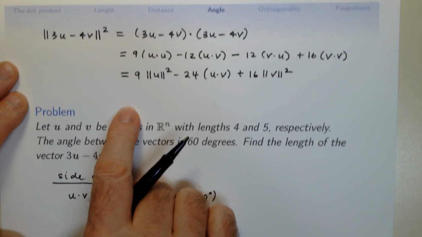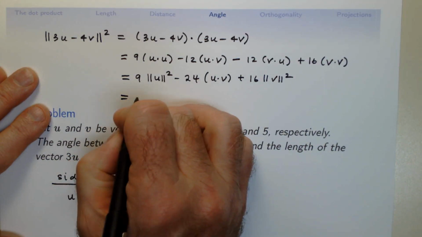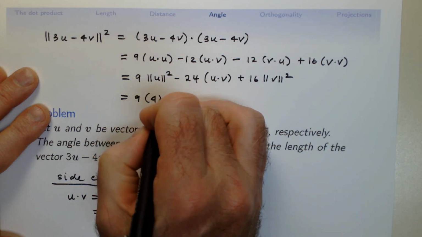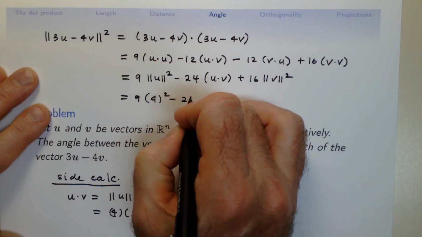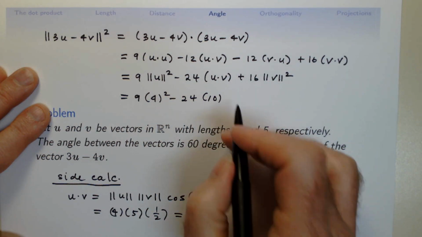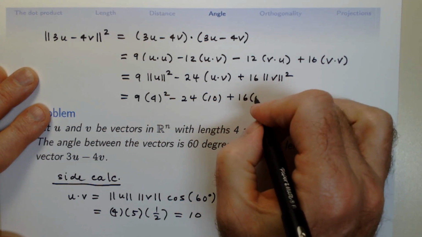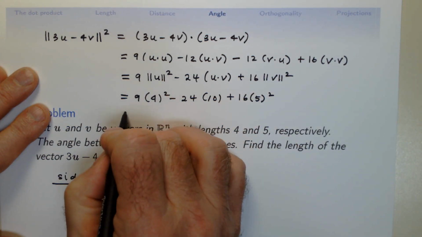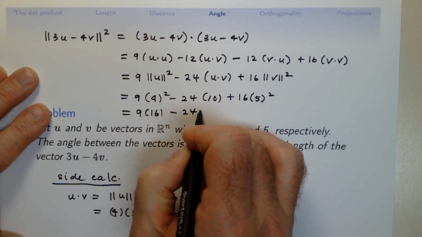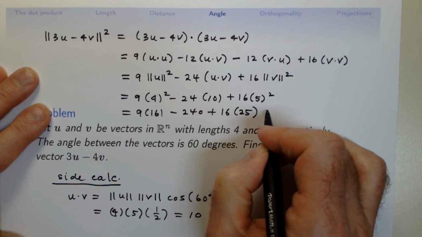So let's go back up into our main calculation and start substituting. We've got 9 times 4 squared. We've got minus 24 times 10, which we just computed down here. And then we've got 16 times 5 squared. Okay, so that's going to be 9 times 16 minus 240 plus 16 times 25.